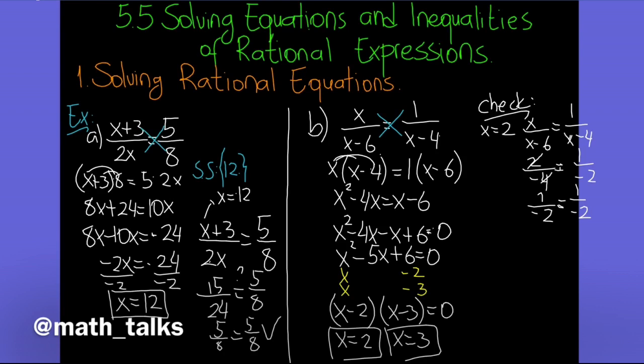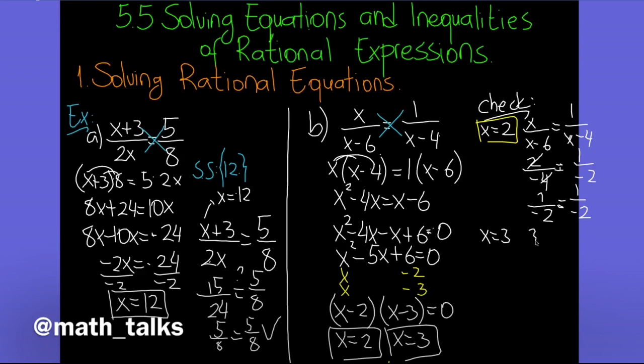Here don't write 1 over negative 2 as your solution set, okay? The two statements are equal because of my x equals 2. So this is satisfied. Now let's check x equals 3.